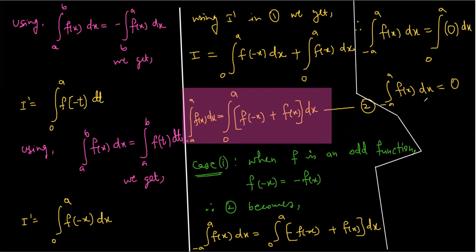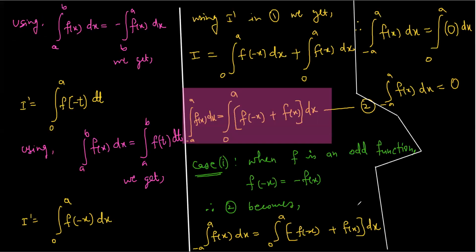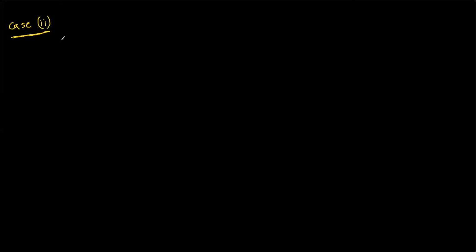Now I have case 2. Okay, case 2. What is case 2? Case 2 is when f is an even function.